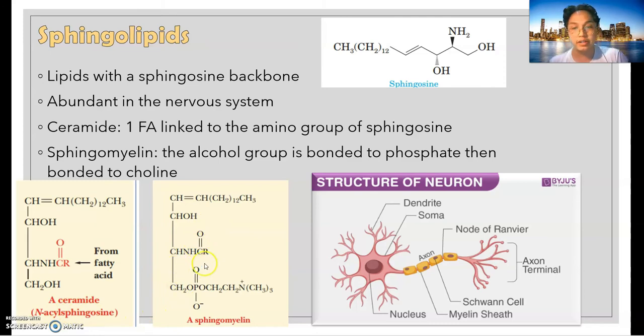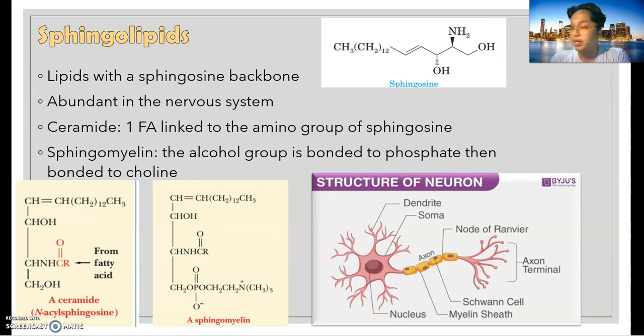Another example is your sphingomyelin. There, the OH at the end gets a phosphate group, so it becomes a sphingophospholipid with an amino alcohol. It is still a ceramide with a fatty acid, with a phospholipid added. All of that combines, the phosphate and the sphingosine, forming your sphingomyelin.